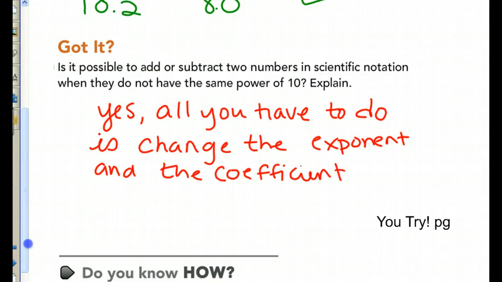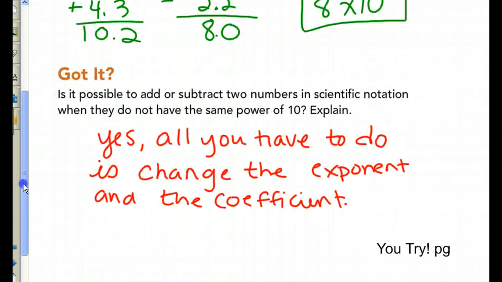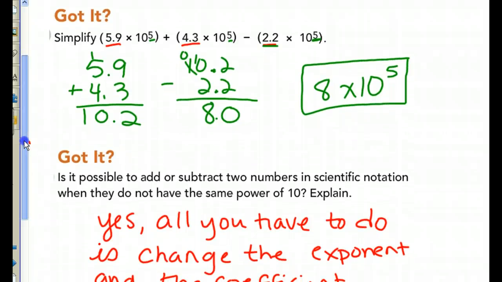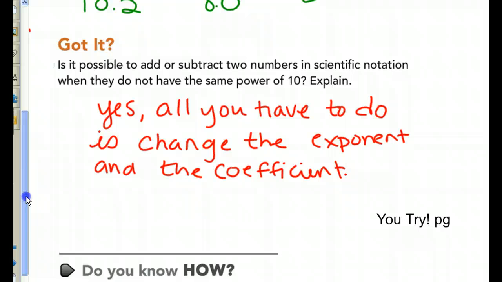So we've done this before. Even though this example up here is pretty easy because all the powers of 10 or exponents are the same, it is possible to change them.